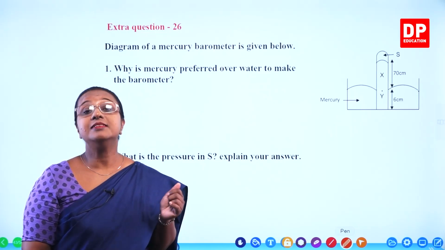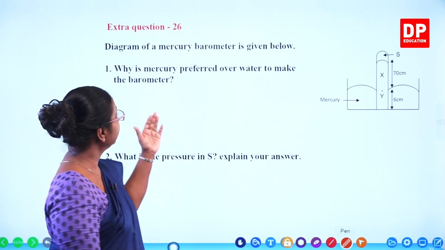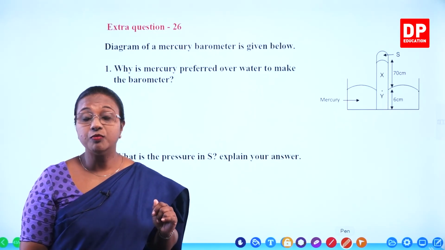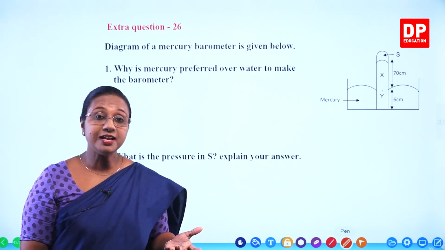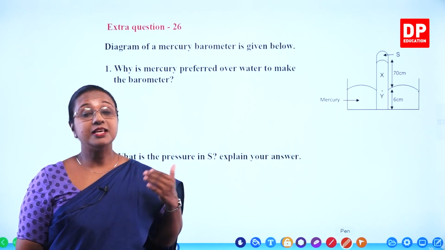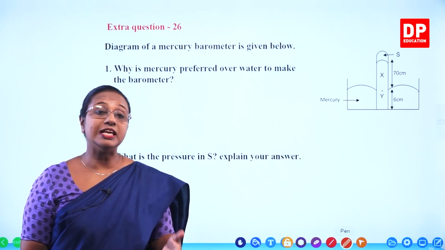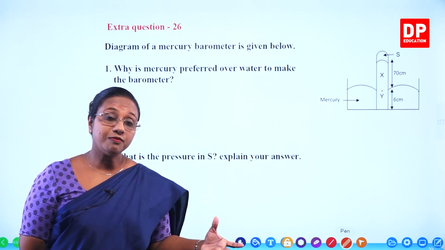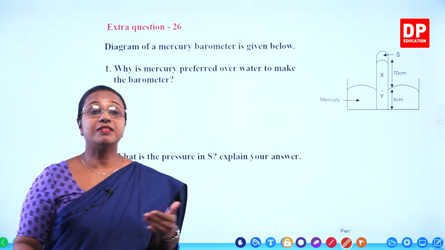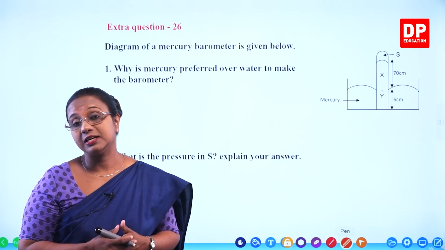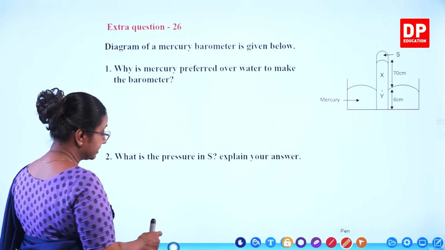So, that is difficult to use. That is why they prefer mercury over water. And what is the reason for that? The density of mercury is 13,600, whereas the density of water is only 1000. So, the density of mercury is very high. Because of that, we need a shorter mercury column. So, that is the reason.